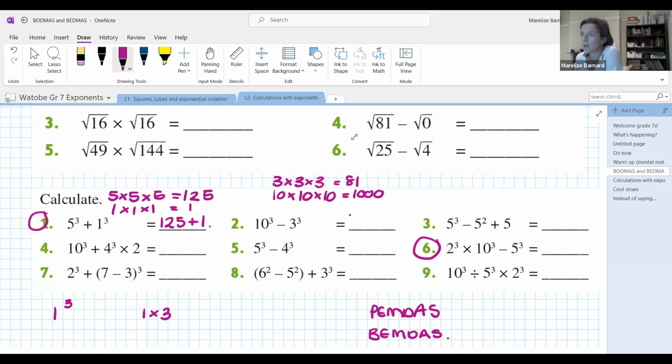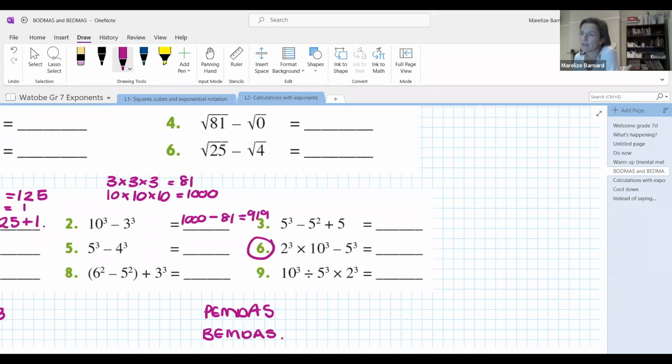So we are going to go 1,000 minus 81. And if we subtract 81 from 1,000, now I can't get you guys to answer it because we unfortunately had to disable the chat because people were misbehaving, and that's 919.